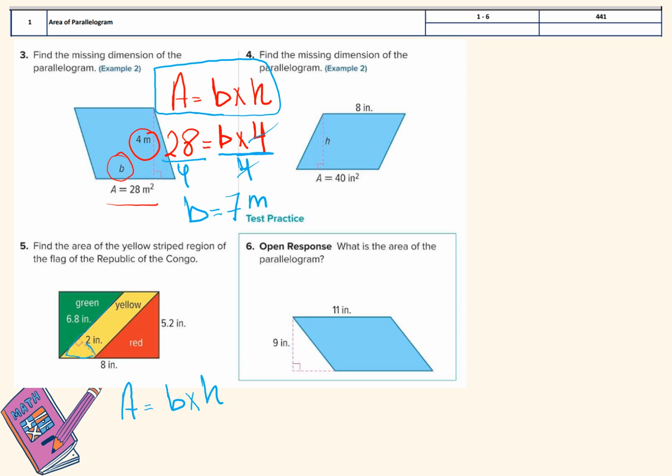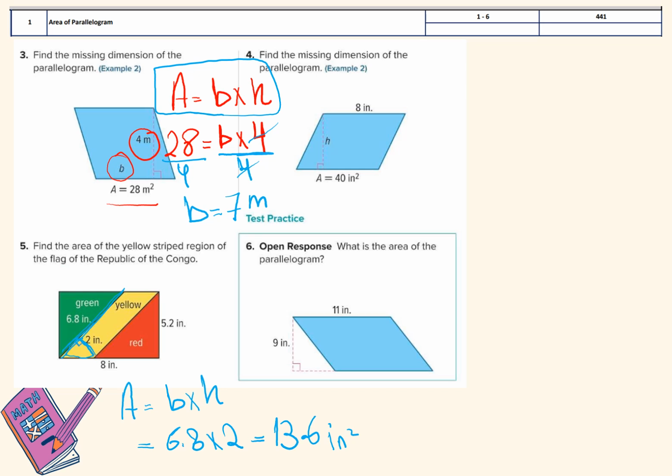The height, as you see, always is perpendicular to the base, which is in this case 2. The base is 6.8. So I'm going to multiply 6.8 by 2. The answer is 13.6 square inches.